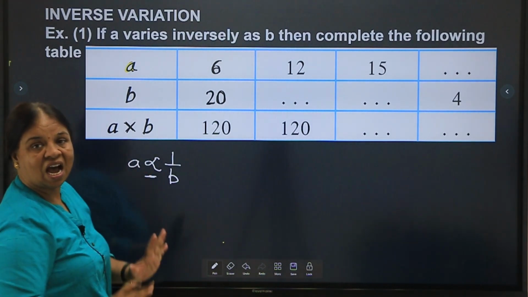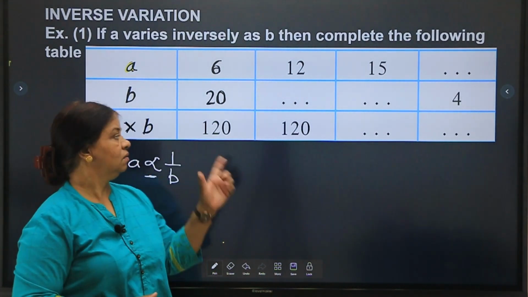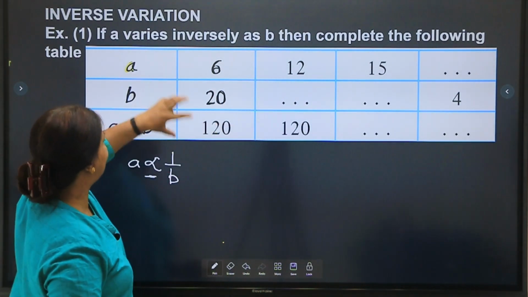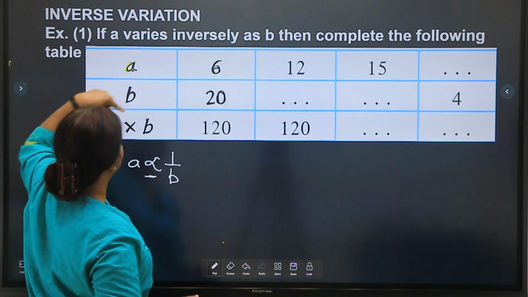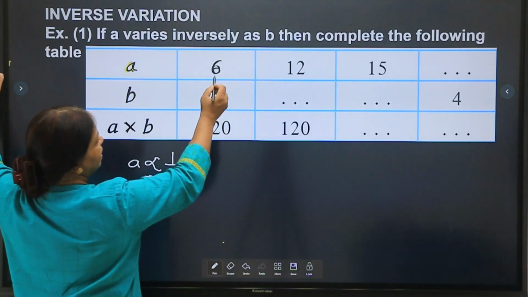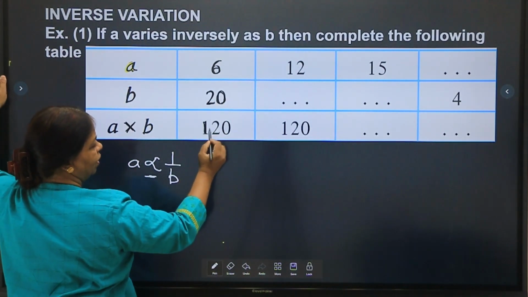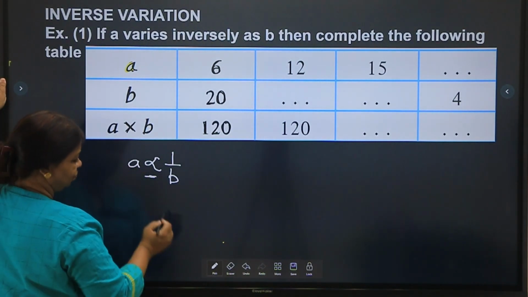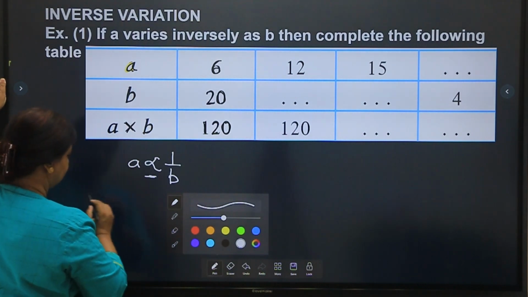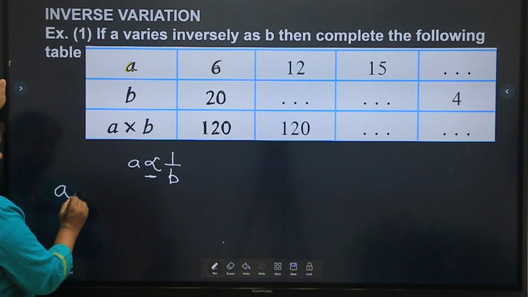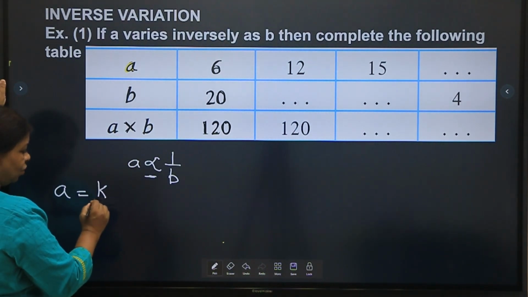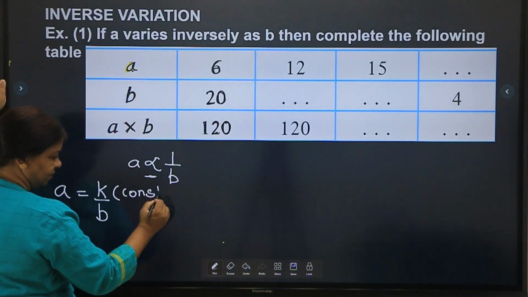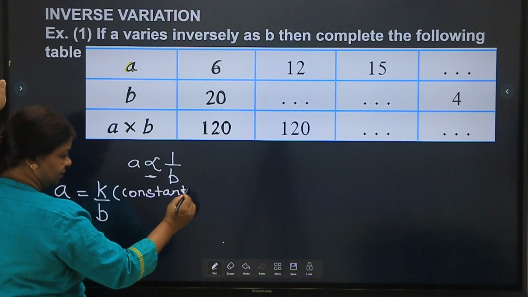They have asked us to complete the table. They have directly given that A varies inversely, so find A into B. A into B, 6 twos are 12, 120. Here I can write A is equal to K upon B, and K is a constant.